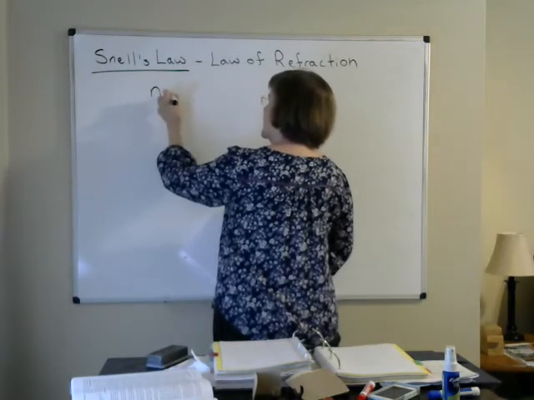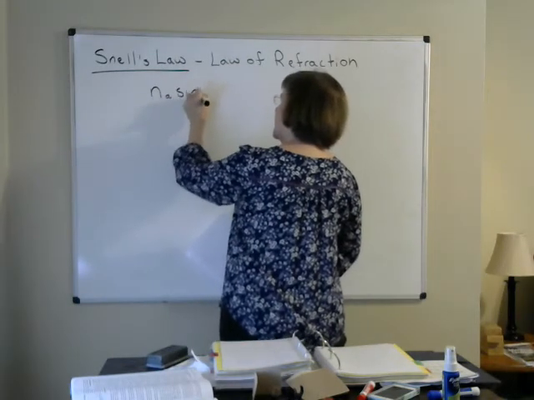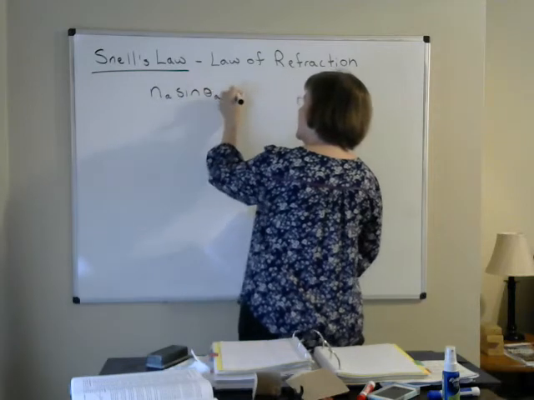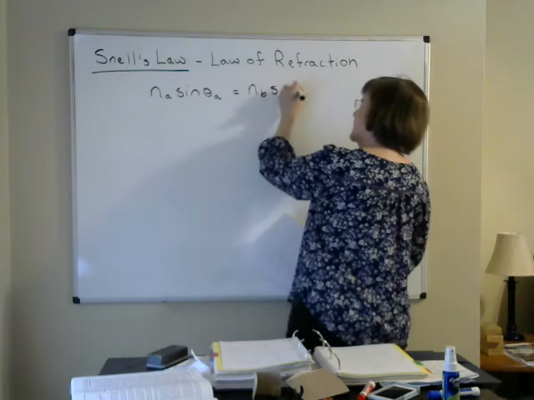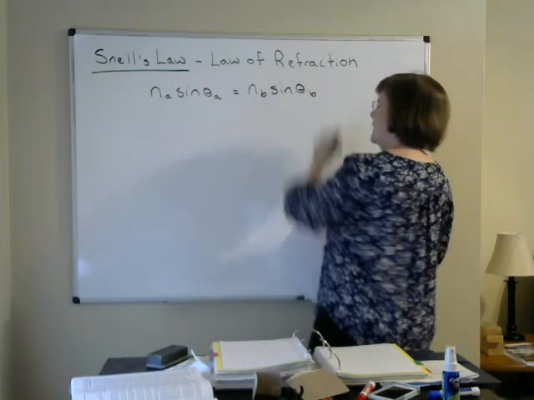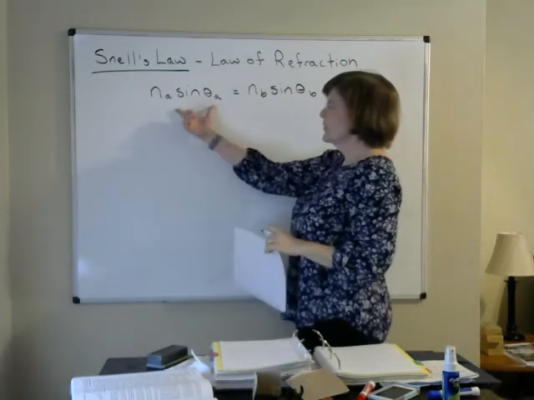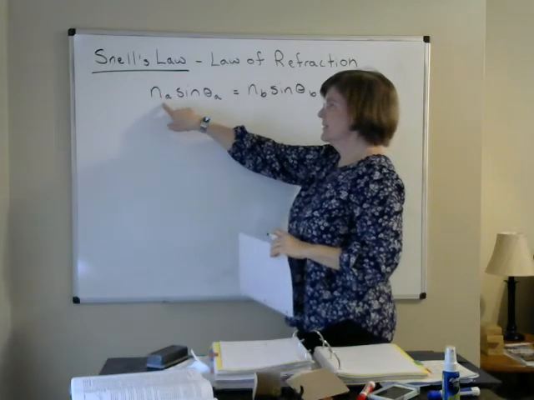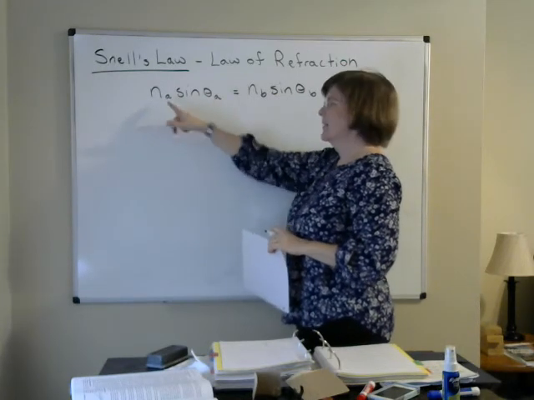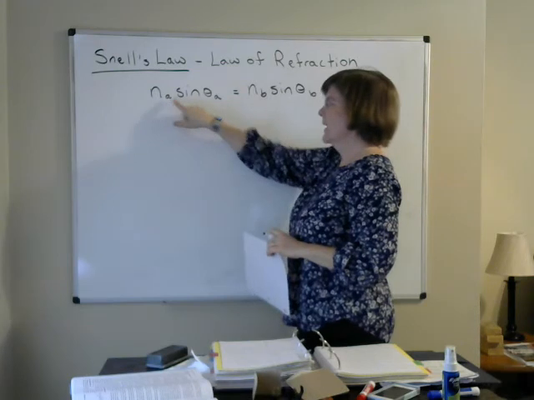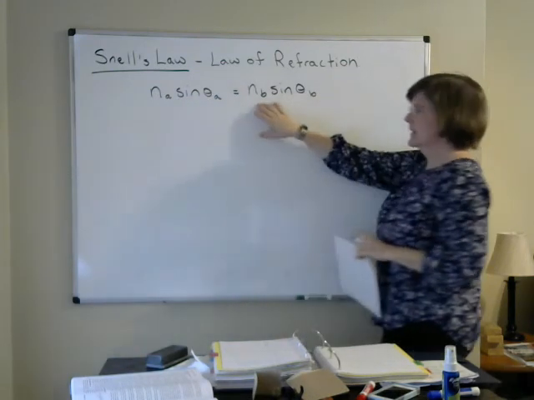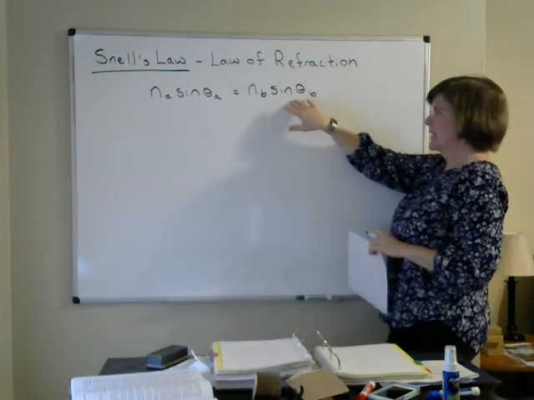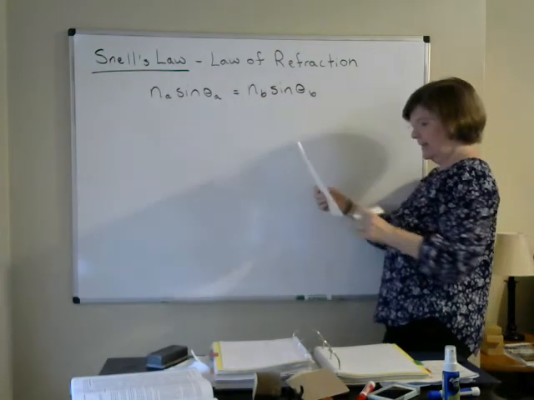And here it is: n_A sin θ_A = n_B sin θ_B. In the first material, this would be the index of refraction, say where it's incident, the index for material A and the angle it makes in material A with the normal. This would be the index in material B and the angle that it makes in material B.